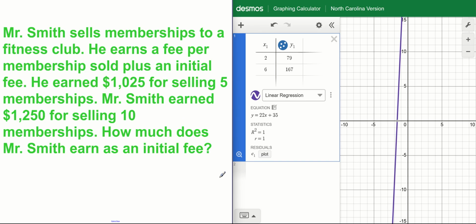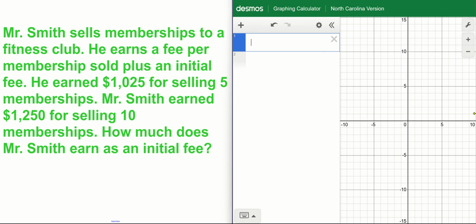All right, let's try one more. Mr. Smith sells memberships. He earns a fee per membership sold plus an initial fee. He earned $1,025 for selling 5 memberships. He earned $1,250 for selling 10 memberships.